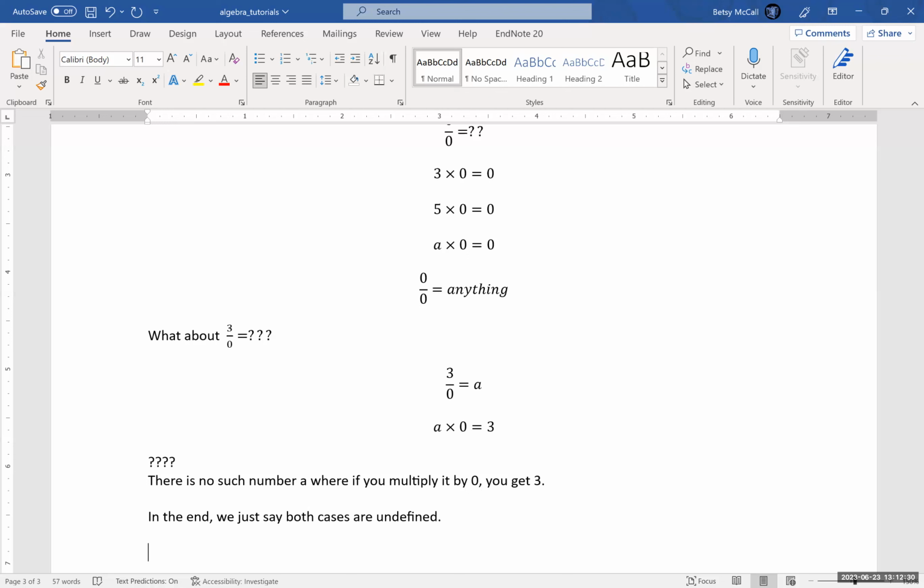But this is the origin of our undefined statement, and they're undefined in two different ways. I think the fact that 0 divided by 0 can be anything is kind of fascinating, but there simply is no statement where we can multiply something by 0 and get a number which is not 0.